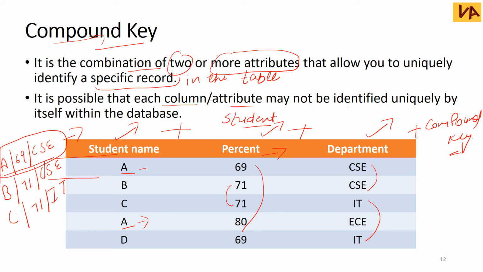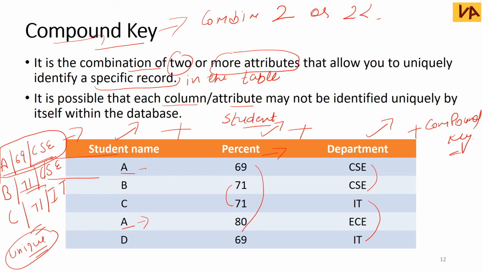Now the combined value will always be unique. So this is the compound key, where we combine two or more attributes to make a key to identify the data in a unique manner.